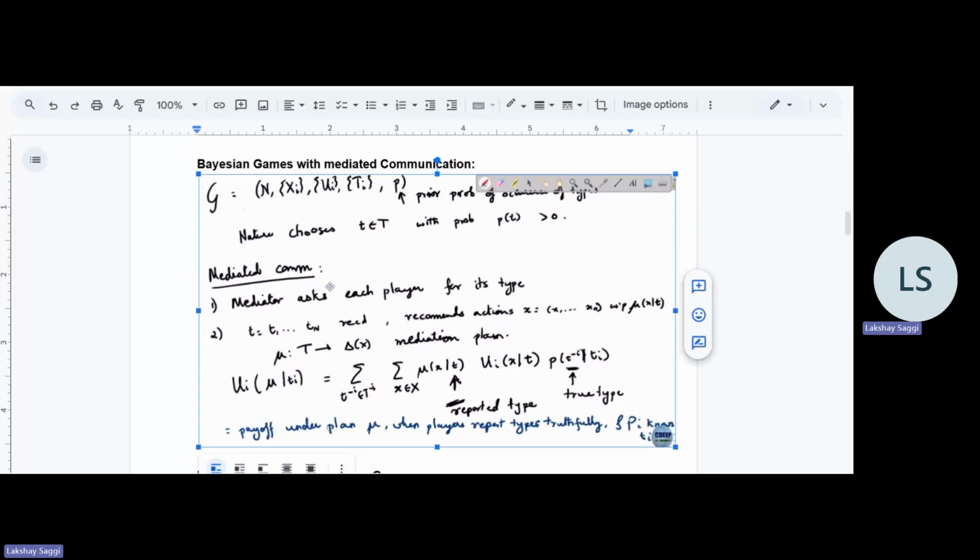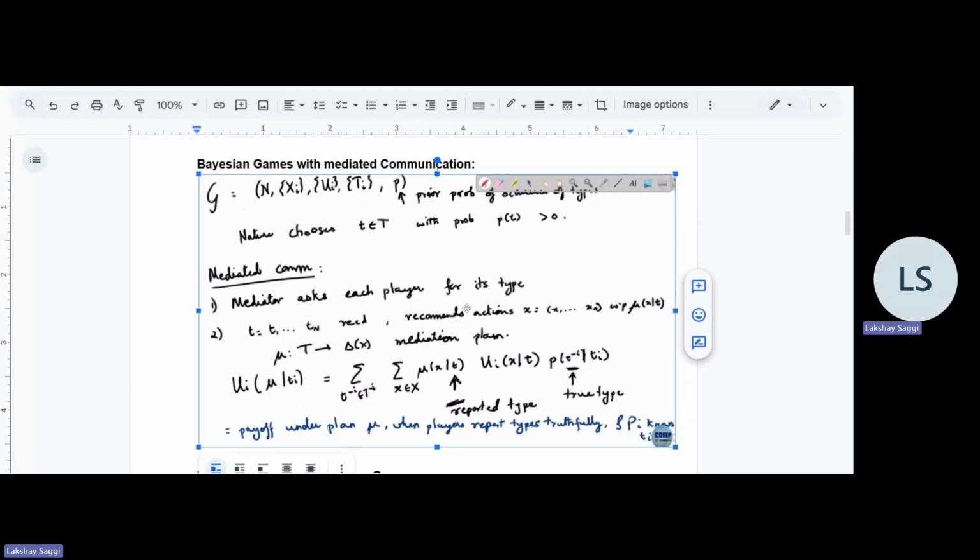Bayesian games also consist of some communication, since the players are communicating with the mediator. Though there is no direct communication between the players, there is communication between the mediator and the players.